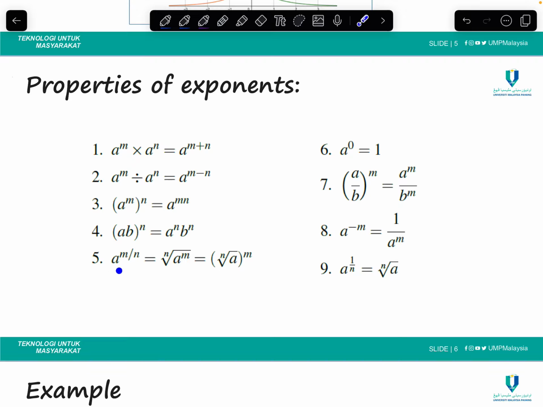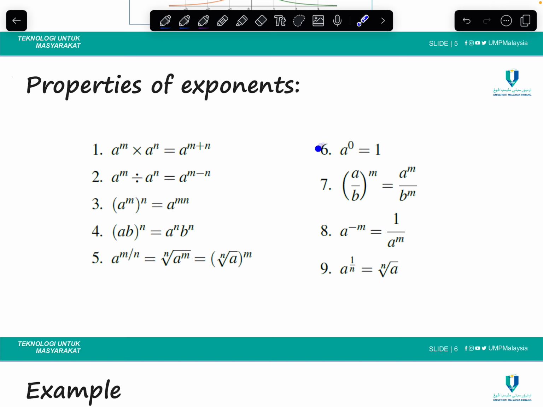Number 5, if the index is a fraction, a to the power of m over n, it equals a to the power of m and the n-th root. You can also put the root inside the bracket and put m on the outside. So this rule shows that a fractional power can be written in terms of roots.